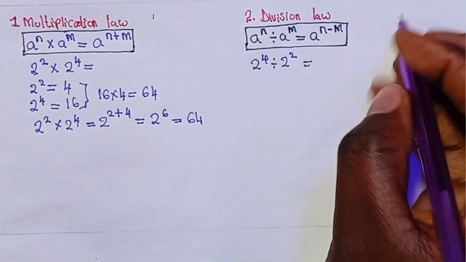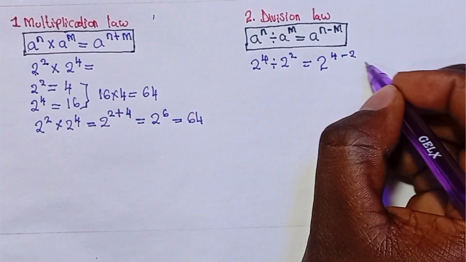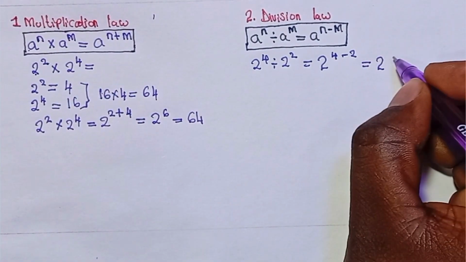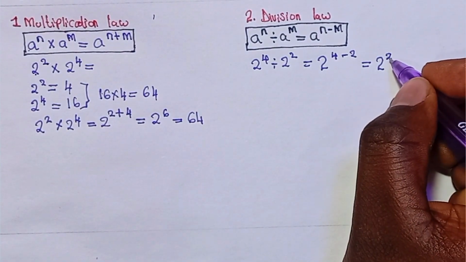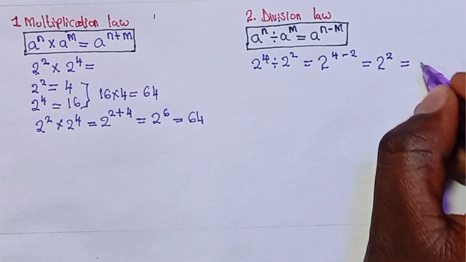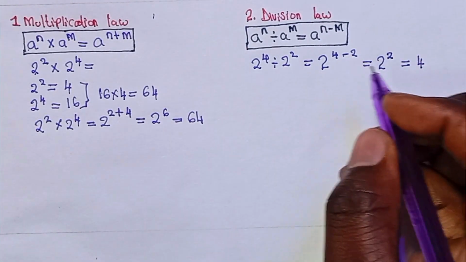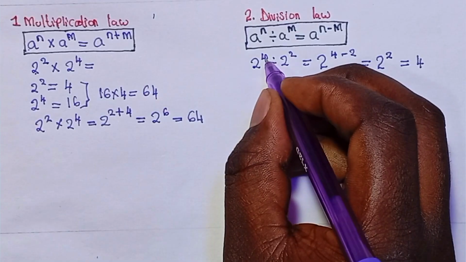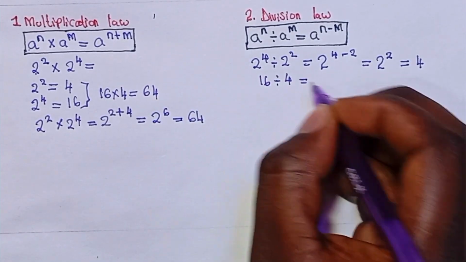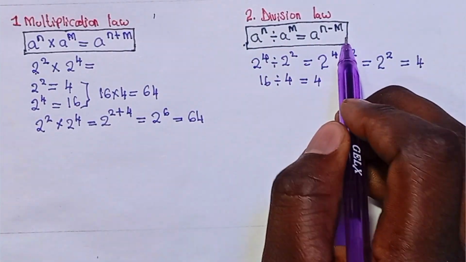This is equal to 2 raised to 4 minus 2, which is equal to 2 squared. 4 minus 2, we are going to have 2. So this is the same as 4. We can also do it in a different way, where 2 raised to 4 is equal to 16 divided by 4, which is equal to 4. So this formula you should always remember.